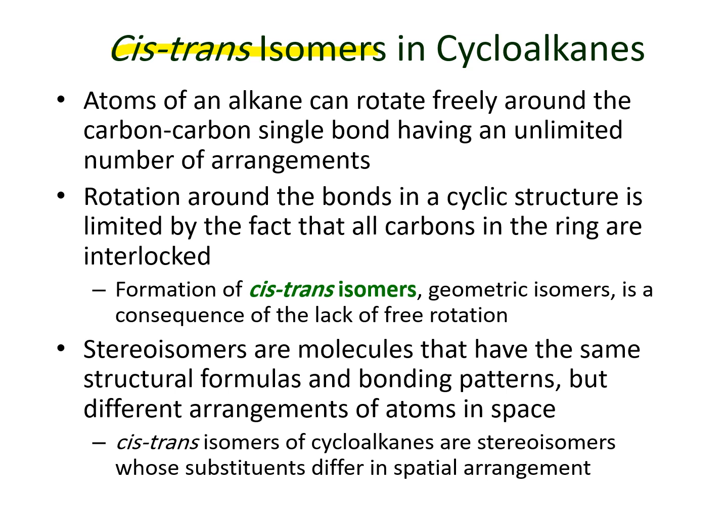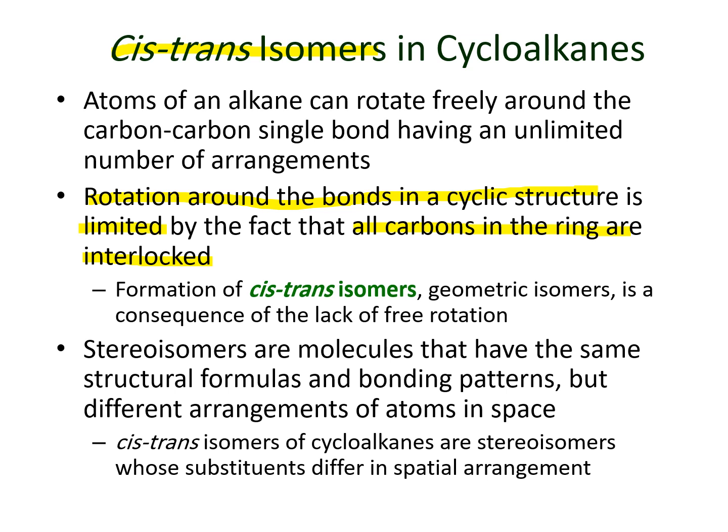So this is not an issue in the simple alkanes. But the rotation around the bond in a cyclic structure is limited because all the carbons in the ring are interlocked with each other. In other words, they do not permit free rotation around these bonds.